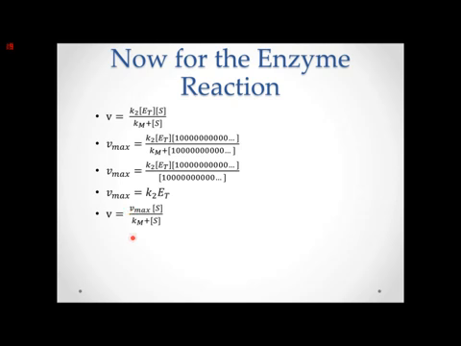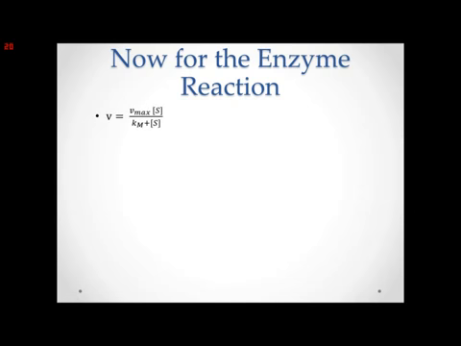Now there's one more important element that we have to go over real quick, and that is a special relationship between Km and S. Alright, so I'm just going to make this easy, and we're going to start out by saying I want a velocity that's half of the maximum velocity. So I'm going to set V to 1/2 Vmax, and I want to find out what substrate level is necessary to obtain this speed.